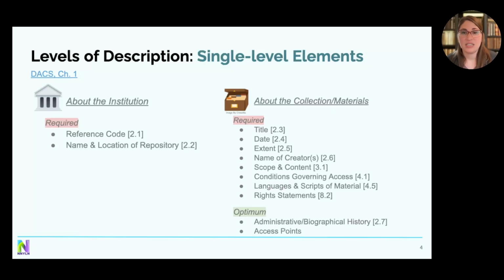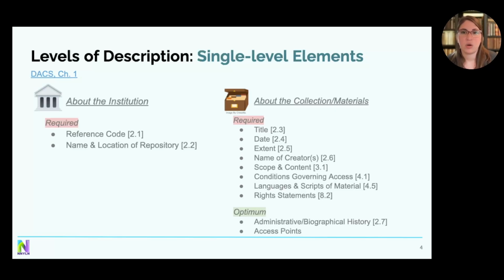And DACS told us, here are the elements, or building blocks, that you need to capture for that scenario. They gave us status levels of what they want, and we have been capturing the required ones. So if we do nothing else, at the minimum, here's the information that we want to know about our collection.